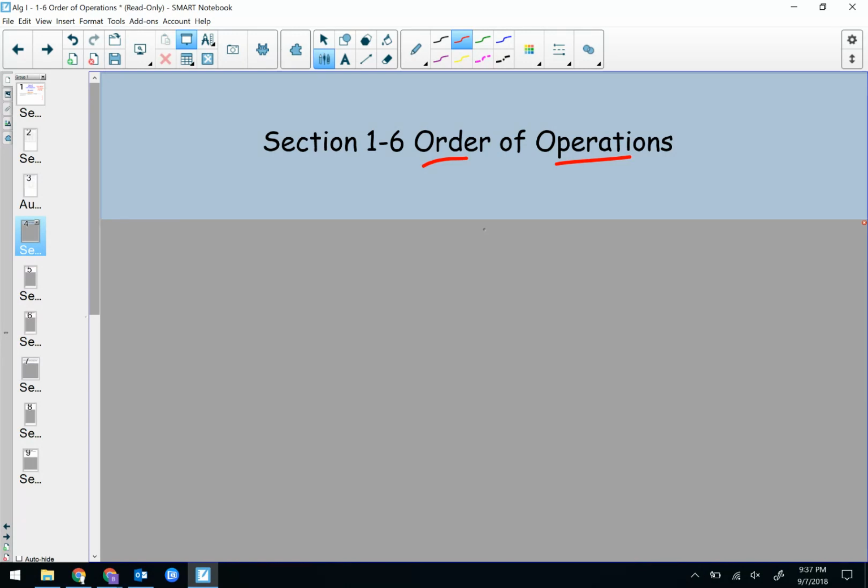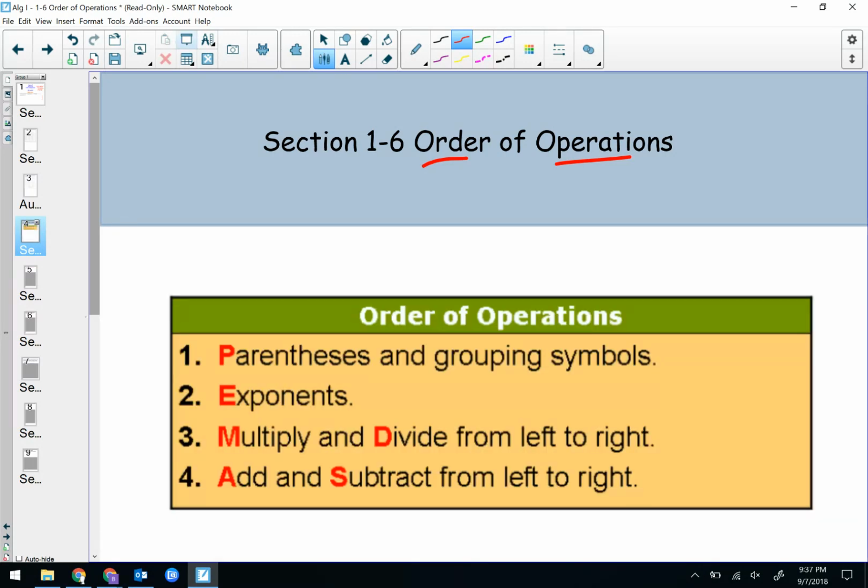Now, you've probably used PEMDAS before, whatever you want to call it. Back in my day, we said, please excuse my dear Aunt Sally to remember it. Go ahead and write this down. Pause here where you need to, and make sure you put in there everything that these stand for.